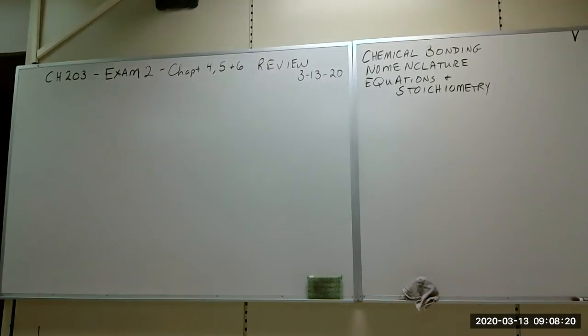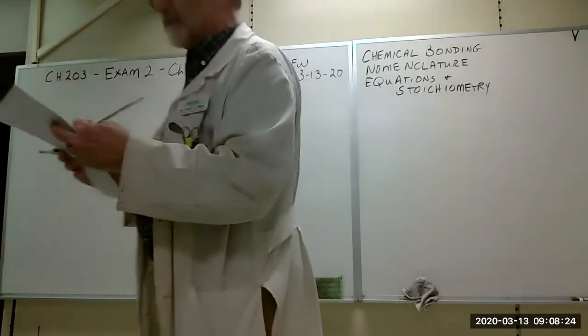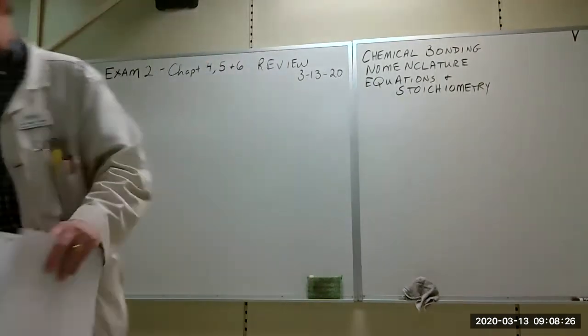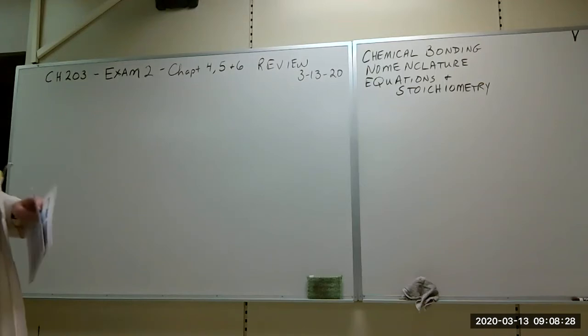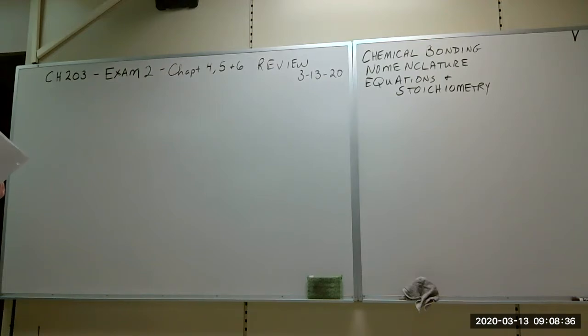Okay. So the chapter 4 and 5 deal with chemical bonding. And in addition, well, as a consequence, nomenclature, that's how do you name compounds.